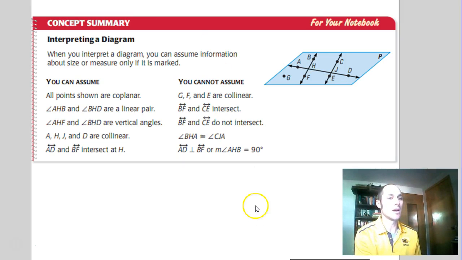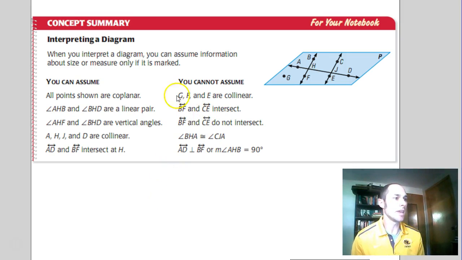The next thing that we can take a look at is that AHF, that's this angle here, and BHD, those are vertical angles since they share a common vertex. They have opposite rays.